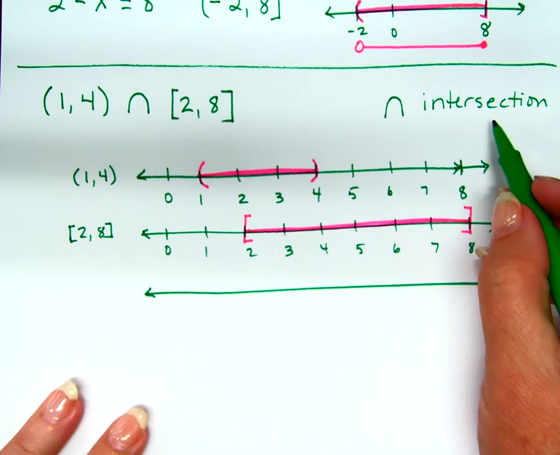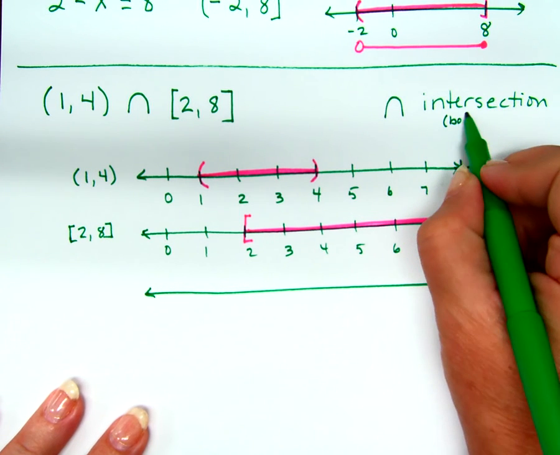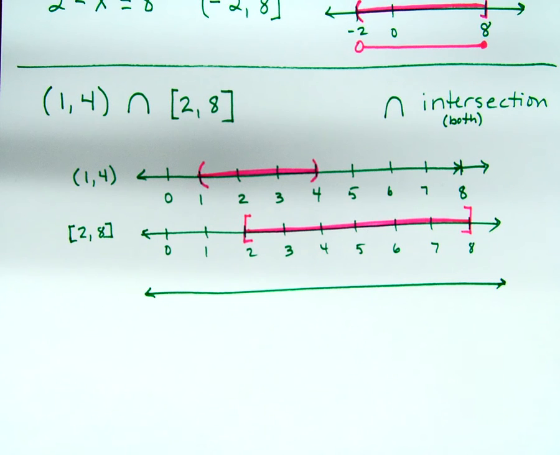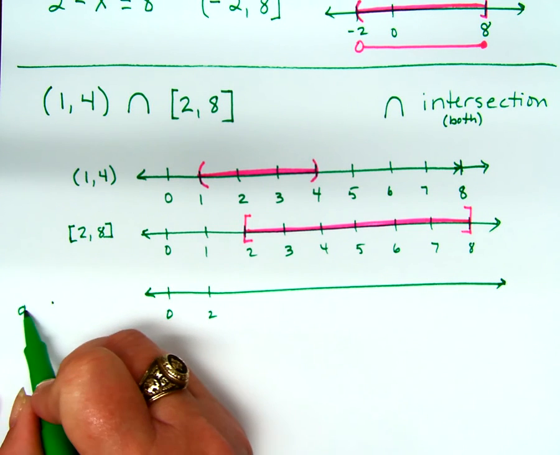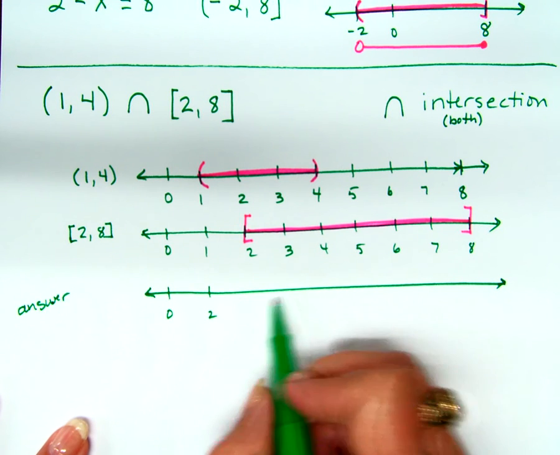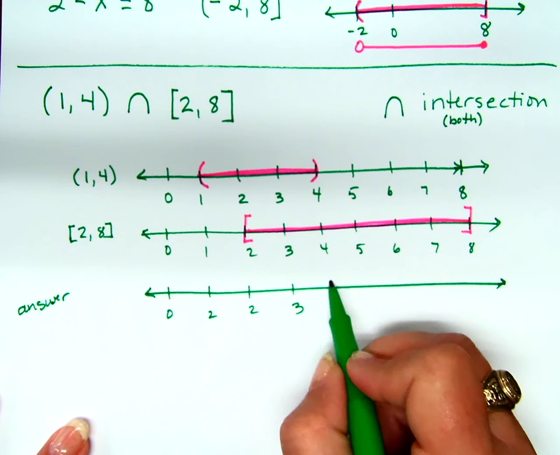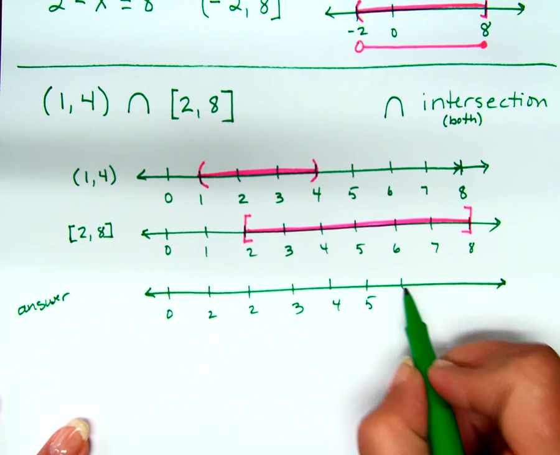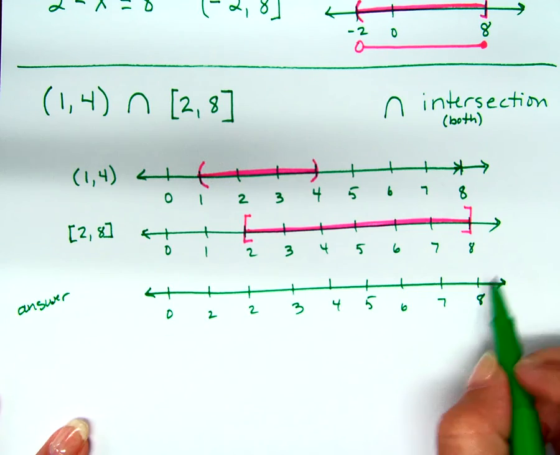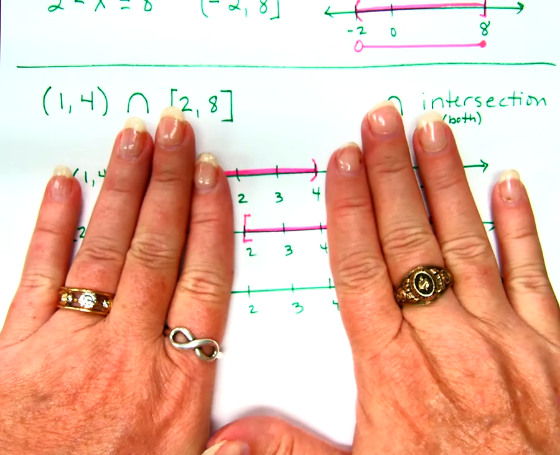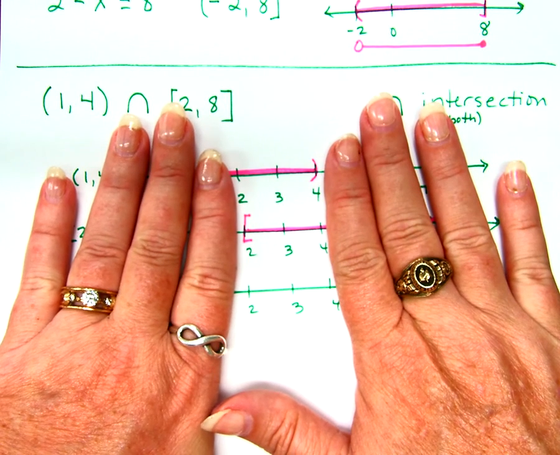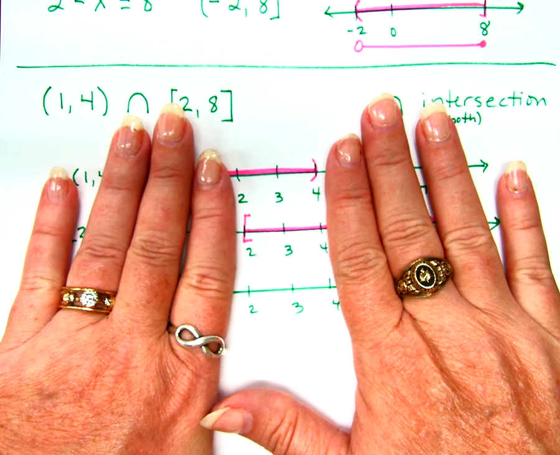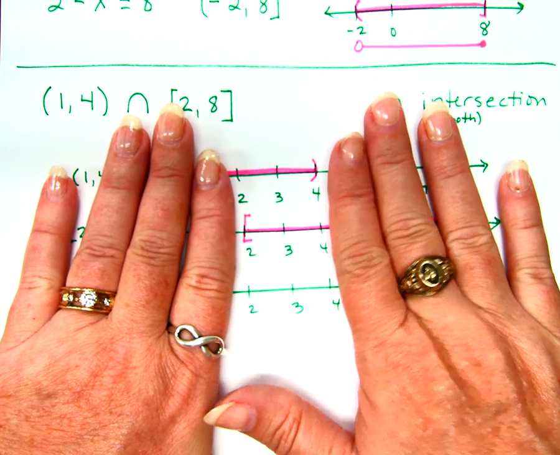So the intersection means, what do they both have? On this number line, 0, 1, 2, 3, 4, 5, 6, 7, 8, this is going to be my answer. It's like here, right? Because that's what they both have. Is the 2 included on both number lines?